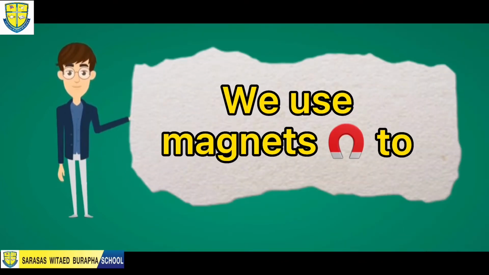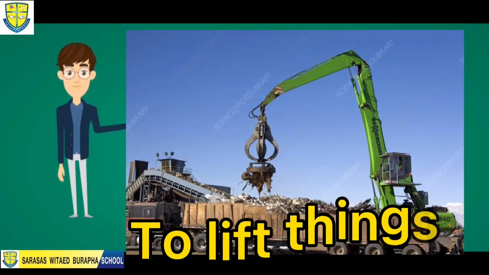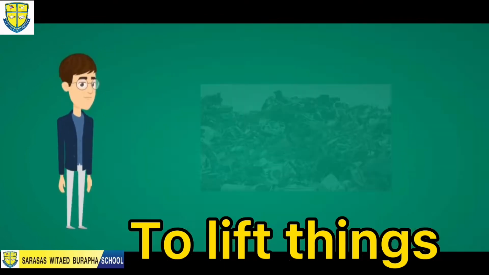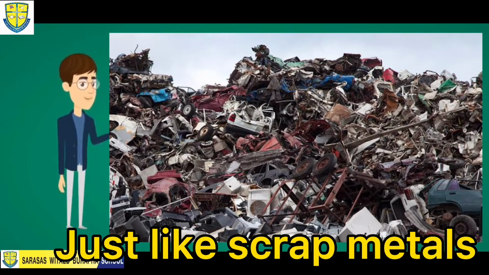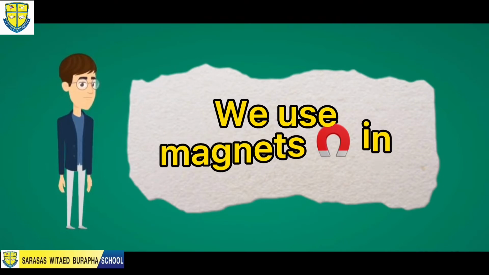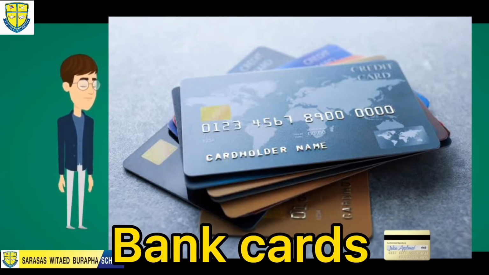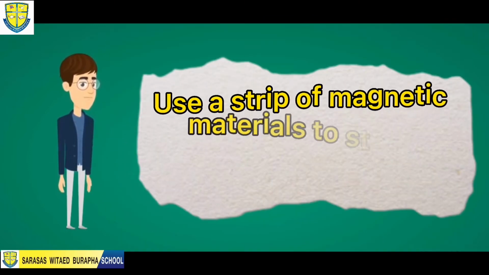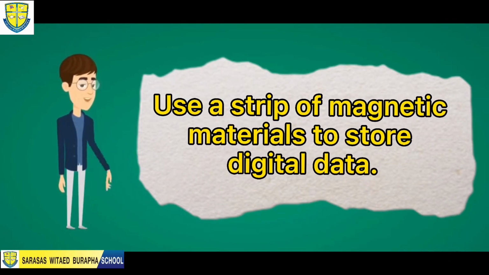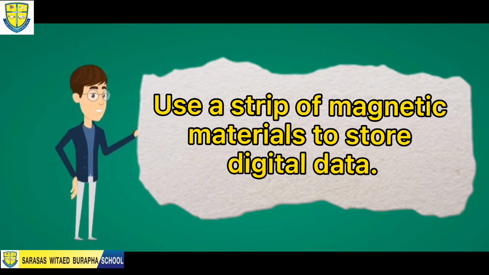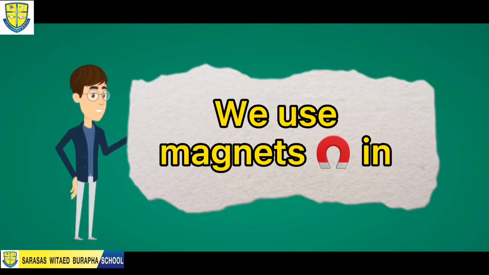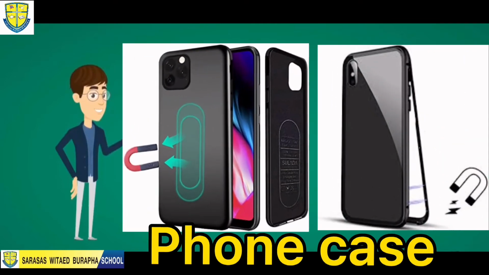We use magnets to lift things, just like scrap metals. The magnetic stripes on many credit and banking cards use a strip of magnetic material to store digital data. We use magnets in phone cases.